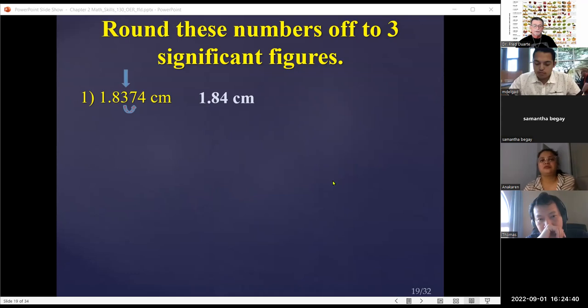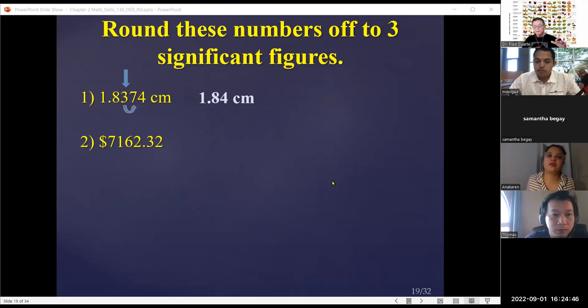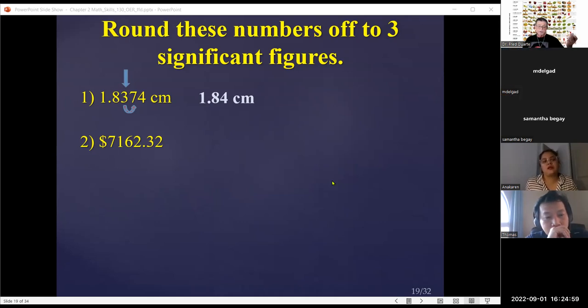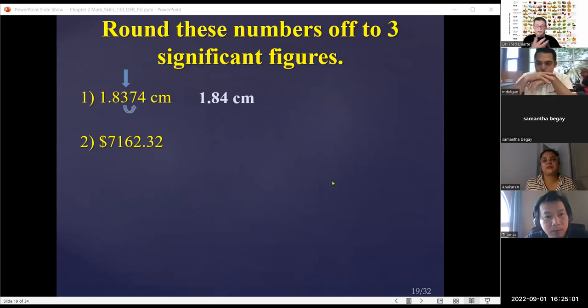You can't be more accurate than that. All right, the second one. You got 7,162.32. Now, with respect to the first one, you can see that if you add zeros to the 7 and 4, you increase the number of sig figs, so you won't want to do that.